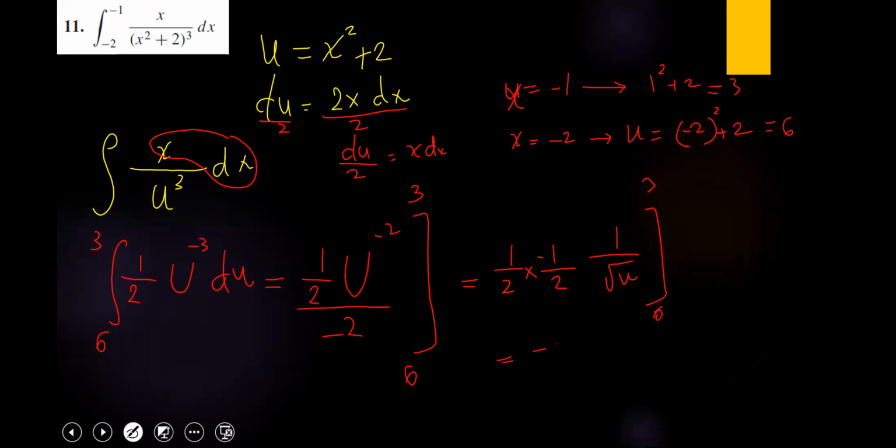So then we have here negative 1 over 4 times 1 over square root of 3 minus 1 over square root of 6. This will be now the final answer.